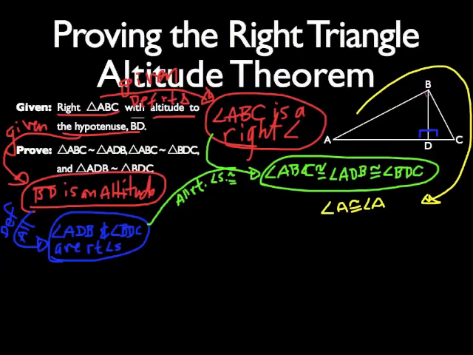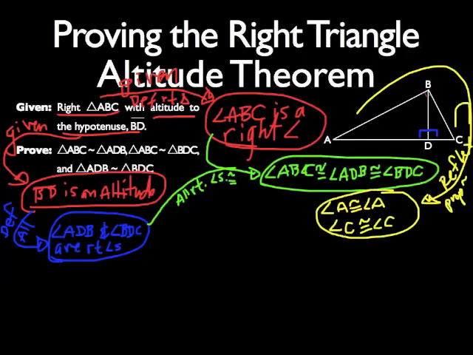Because you will notice that angle C is not only in the big triangle, ACB, but also in the small triangle, BCD. So we might as well say that angle C is congruent to angle C. And of course, what allows us to say that? Nothing more than the reflexive property of congruence.